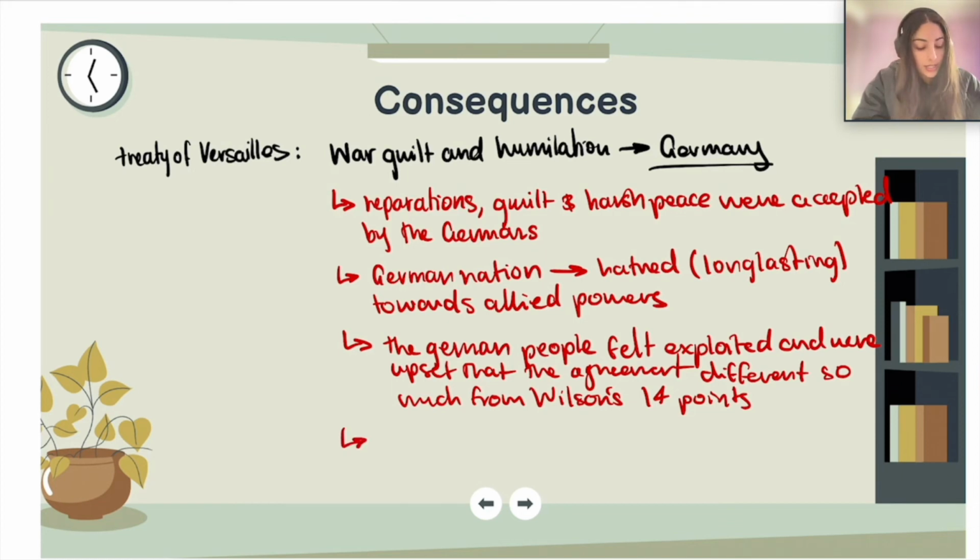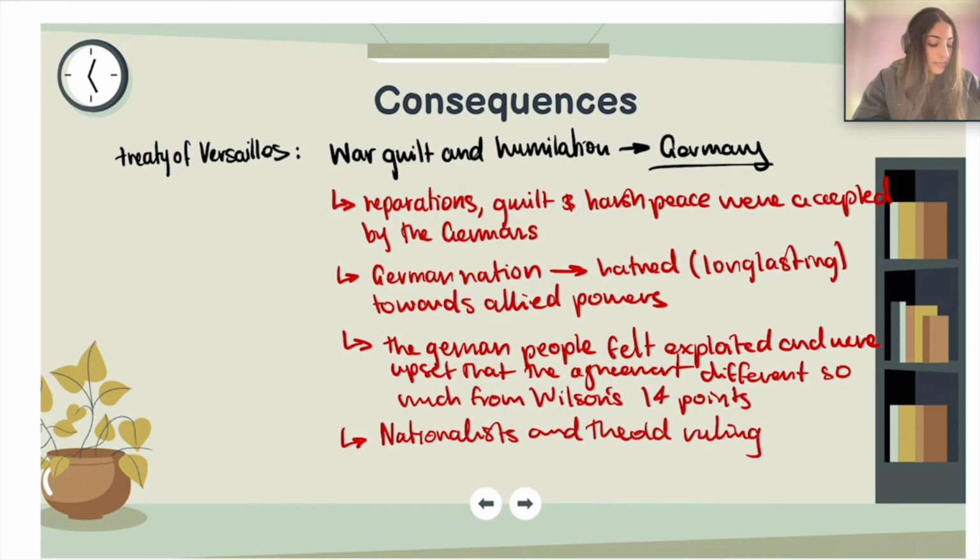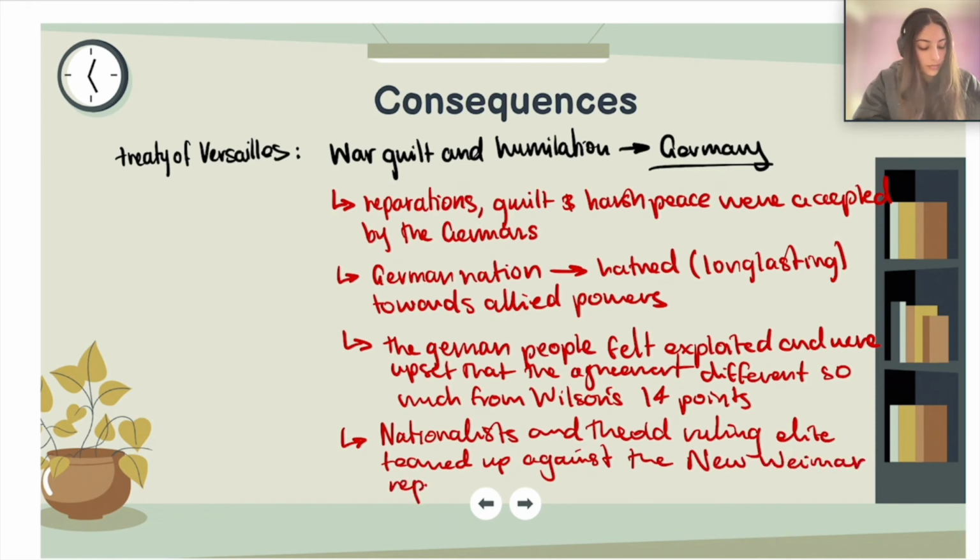Of course, this meant that nationalists and the old ruling elite sort of teamed up against the new Weimar Republic as well as members of the old Reichstag.